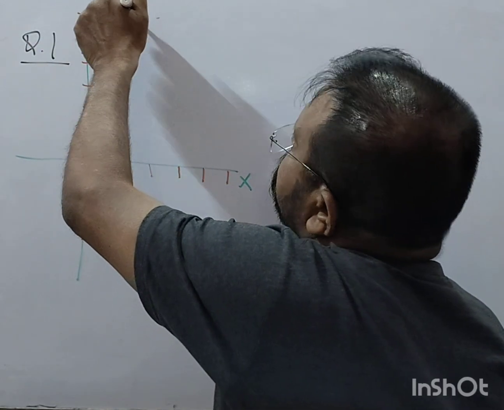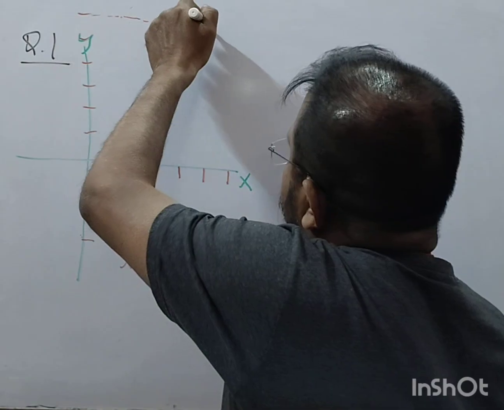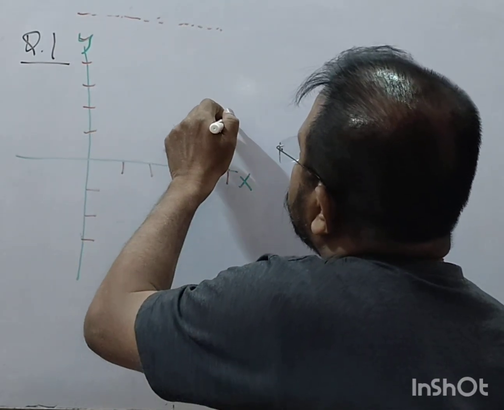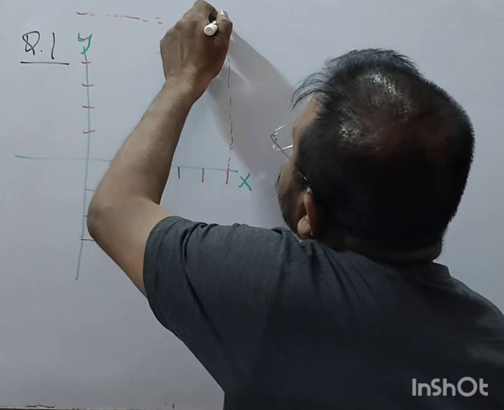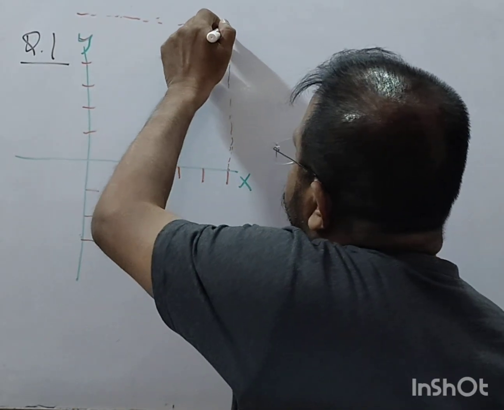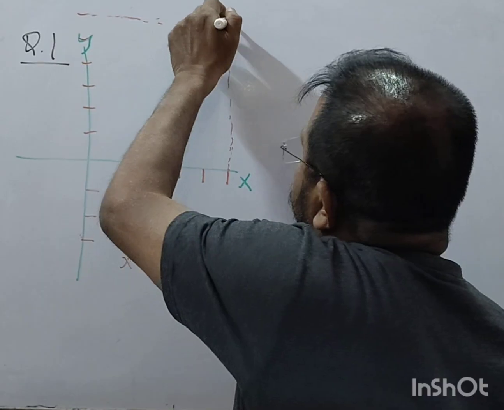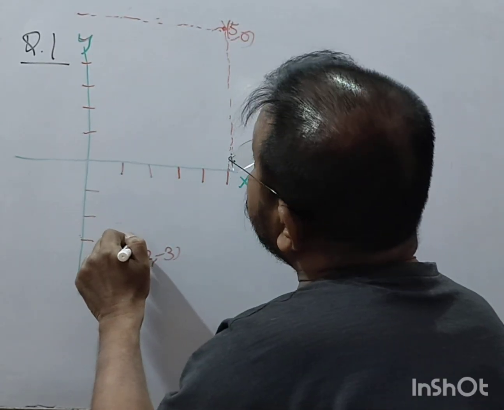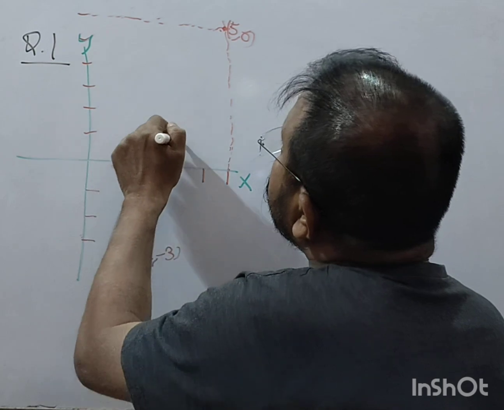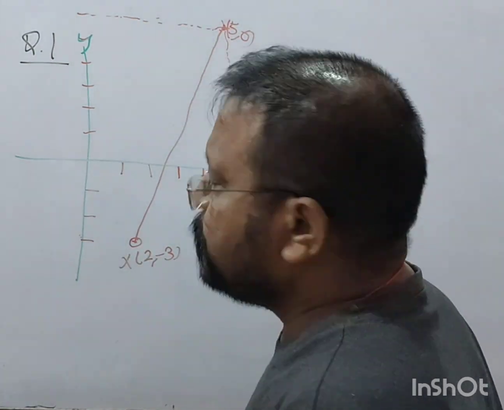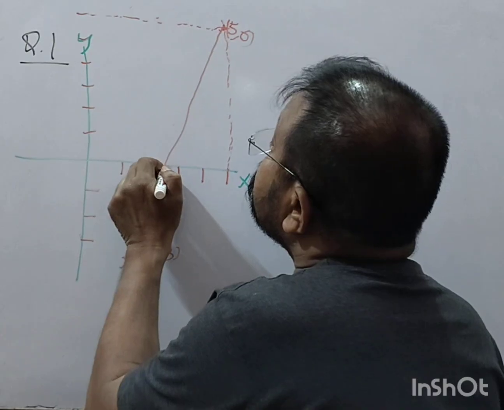So if we bring this line here like this and this like this, they will intersect like this. So this is 5 comma 6, right? When we draw a line like this, what happens?